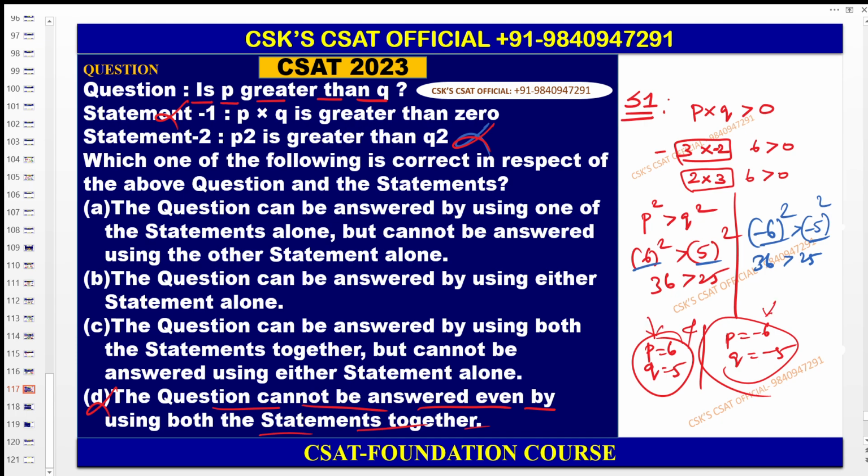Here it does not satisfy. So therefore you can't say whether P is greater than Q or not. So in this situation, the answer is D. Got it? Exactly, you can't say whether it is greater or not greater. A lot of possibilities arise here, so you can't say.